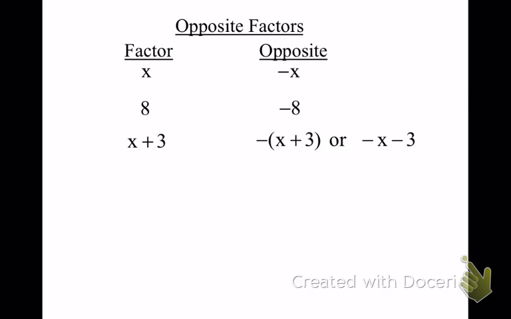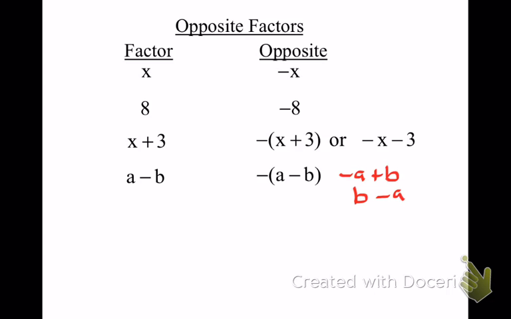Okay, when we have an opposite binomial, remember it's a negative times the quantity. So that would become b minus a. Now we could write it like, let's take a step back. I can distribute and then I get negative a, positive b, or I could rewrite that as b minus a.